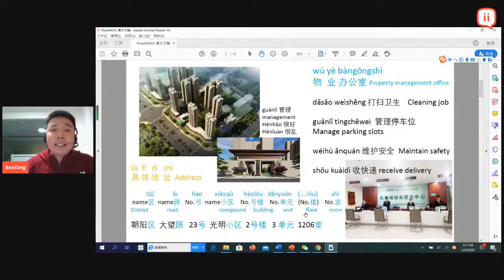So be careful: if we say number plus 楼, that means the floor. You can either say 12楼 or 12层 for the 12th floor. But when we are talking about the whole building, we need to add 号 before the 楼. So number 1 building, 1号楼. 12th floor, 1号楼12楼.